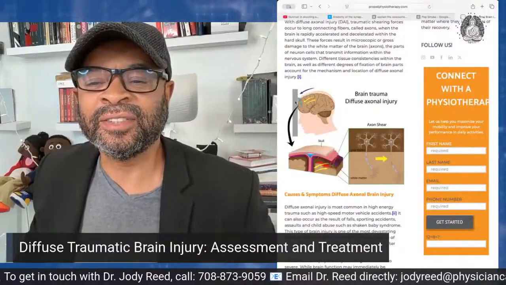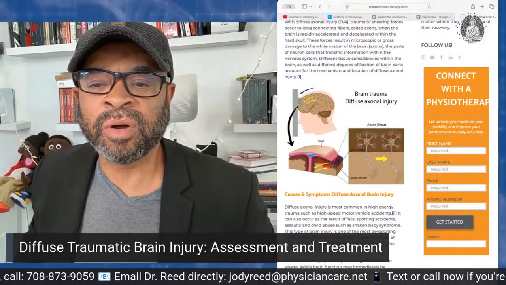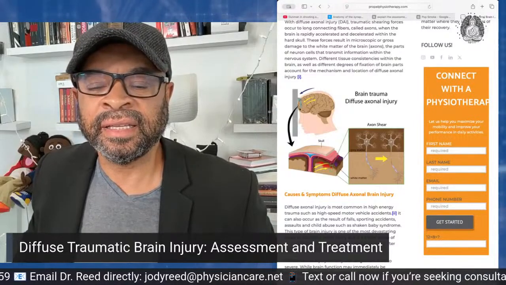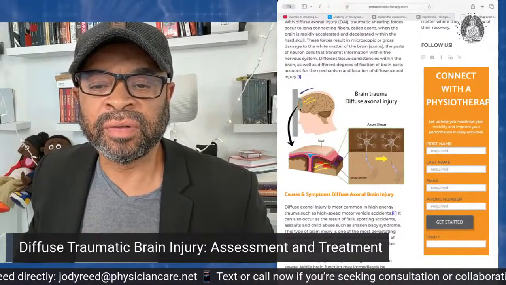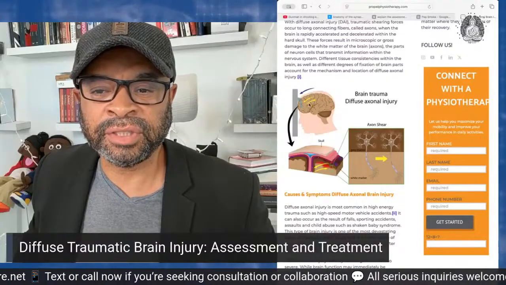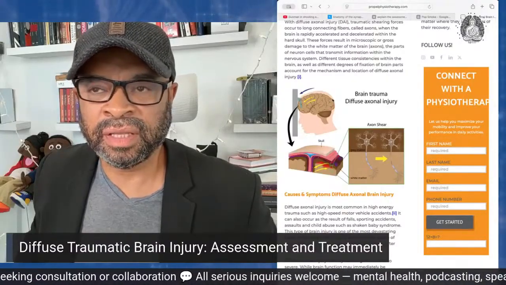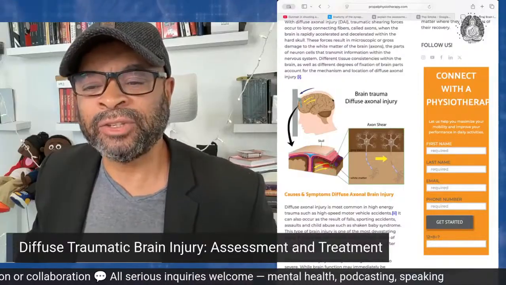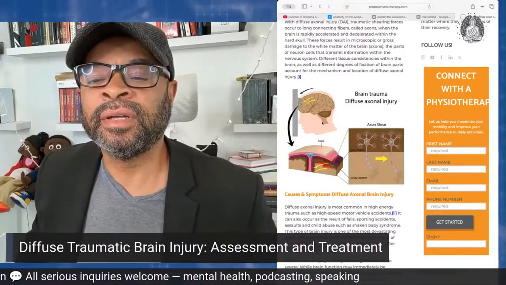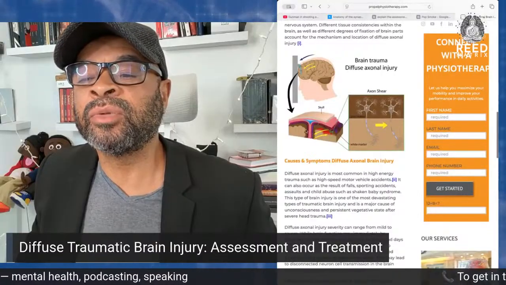Okay, here's the wall. Here's the brain pushing forward and hitting the internal surface of the skull. And just like gelatin, it pushes, comes back, and you can get a second injury when the sponge hits the back of the skull. Now look at all of these layers that become disrupted.